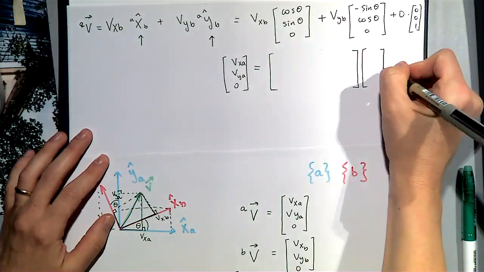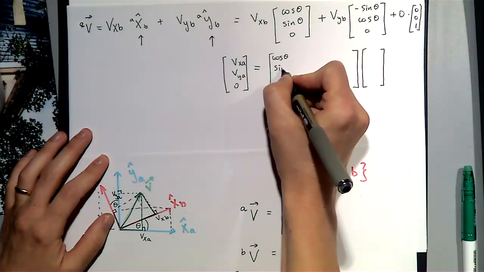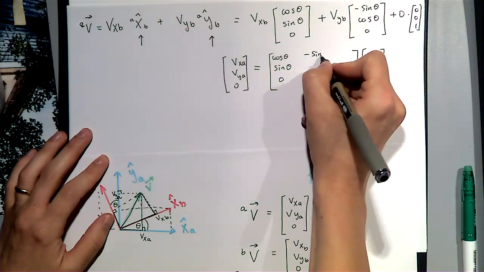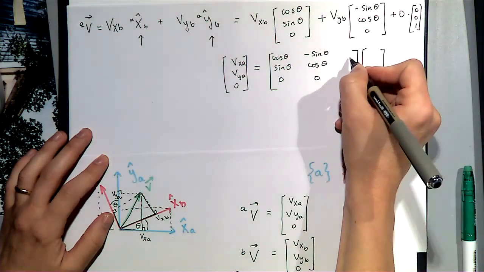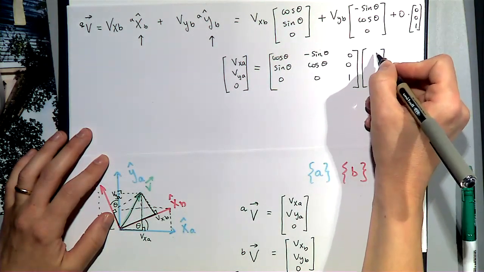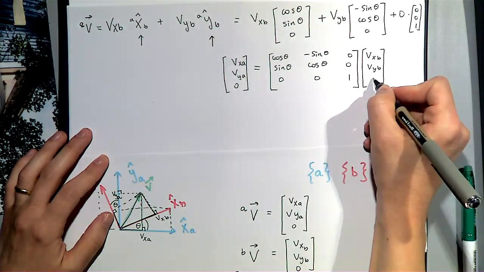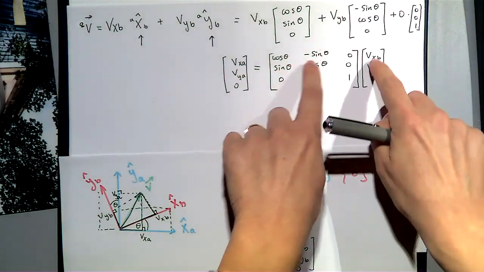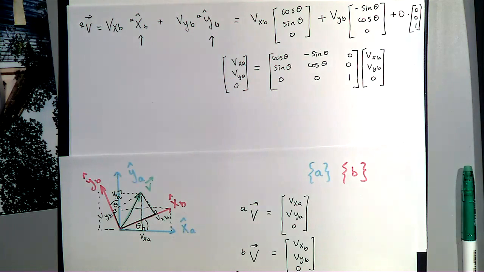I can write it like that. So here I'll have cosine theta sine theta 0 minus sine theta cosine theta 0, 0, 0, 1. And here Vxb, Vyb, and 0. Okay, so you can check that this corresponds to that. Yes?